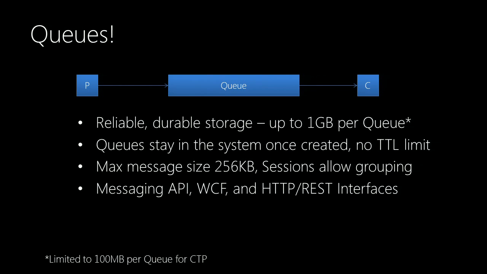The queue provides you with a queuing infrastructure, which has 3 protocols. I'm going to get to that in a moment. We have up to one gigabyte per queue. We're going to have 100 megabyte per queue for the CTP. It's free. And the 1 gigabyte per queue is the current thinking.